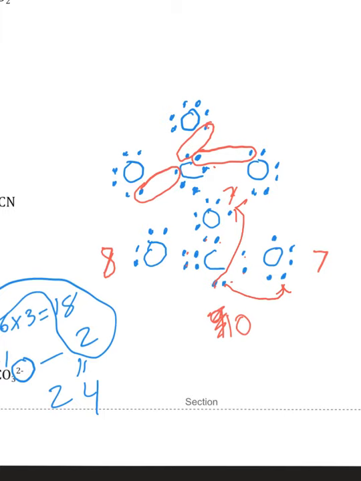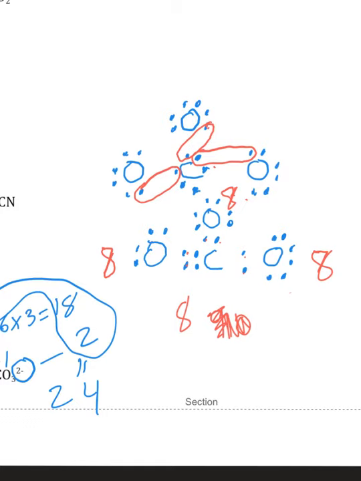Because if I take 2 away from carbon, carbon's going to have 8. If I give 1 to each oxygen, the oxygens are going to have 8. So I'm just going to erase all of that. And go ahead and move those electrons, 1 to each oxygen. So put 1 there, put 1 there, and now everything has 8.